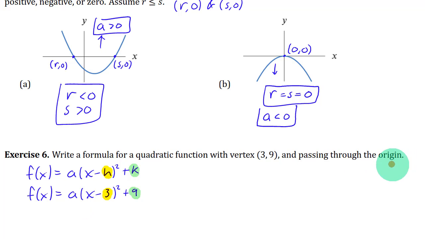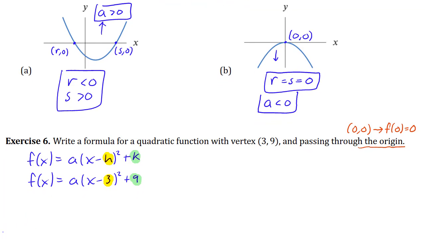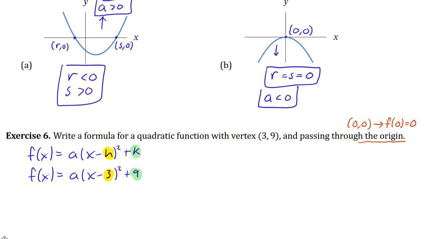If it's passing through the origin, that means 0, 0 is on it. So in other words, if you plug in x equals 0, the result is going to be 0, too. So let's make that work here. Scooch this frame down a second so I can get a little bit more real estate.